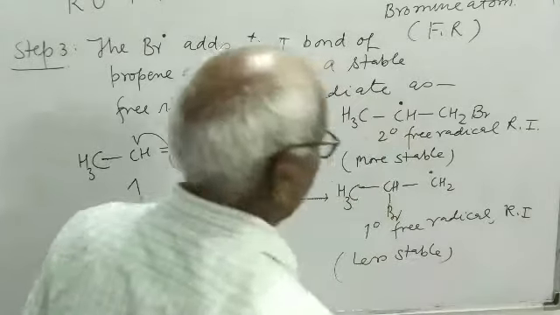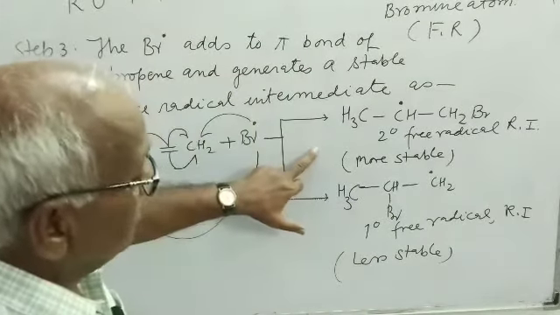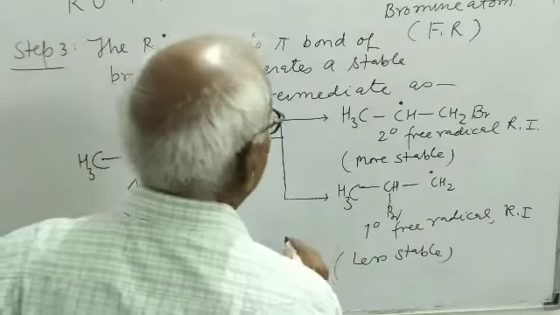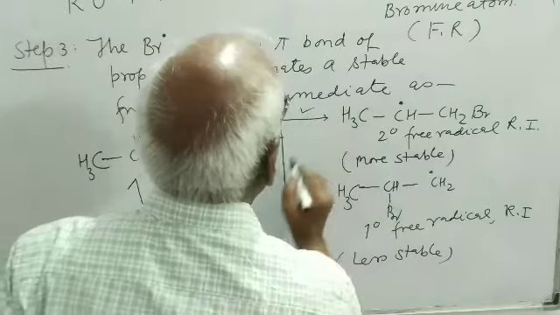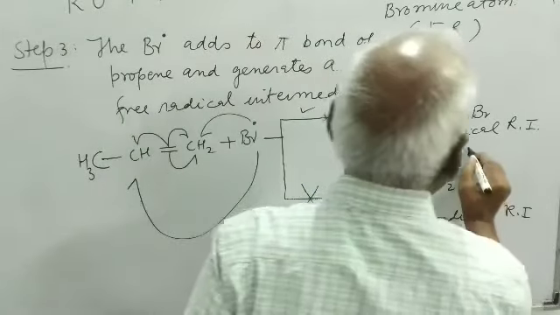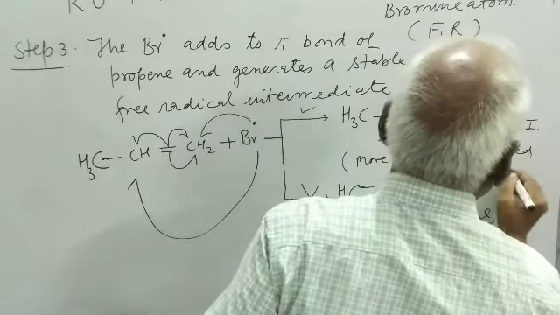A more stable reaction intermediate is preferred because it is more readily formed in the reaction. So this is preferred reaction intermediate, and this is not preferred.